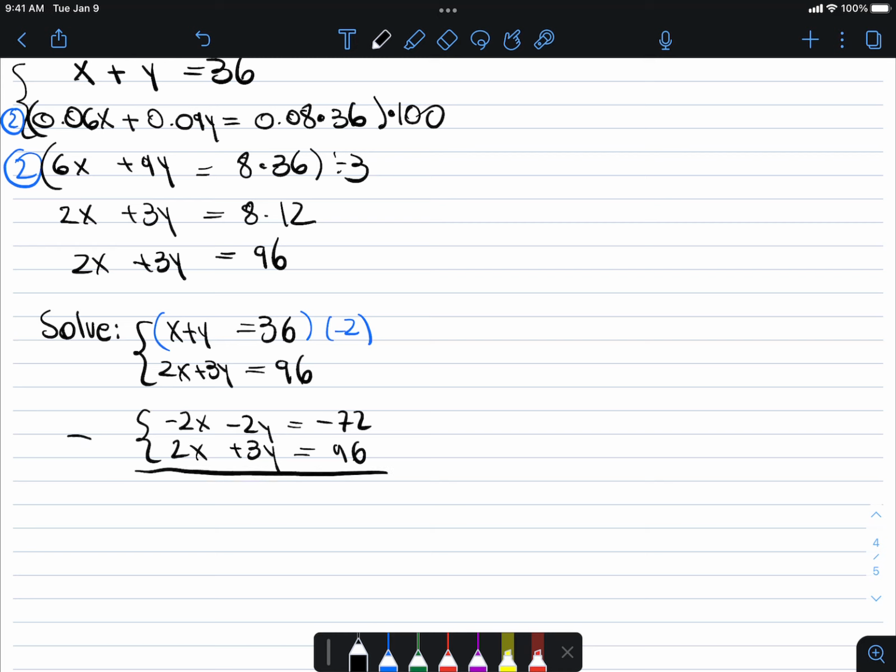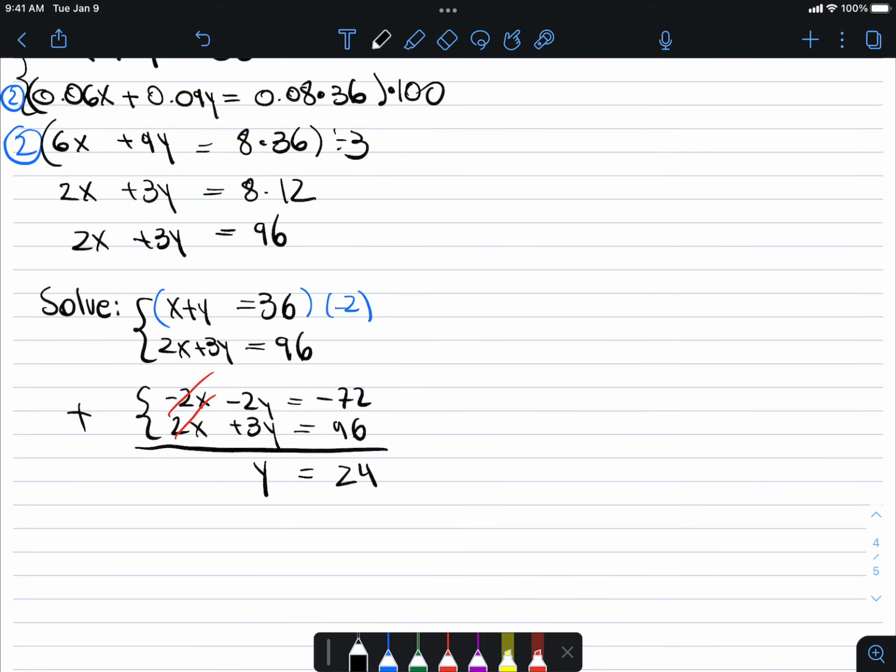So I add the two so that I can cancel out the x's to get -2y plus 3y, that's 1y, equals 96 minus 72, and that's a 24, I think. Let me double check to make sure, just so I don't mess it up. I found how many ounces of the 9% solution I need. Excuse me, that's the 9% solution, correct? That's the y.